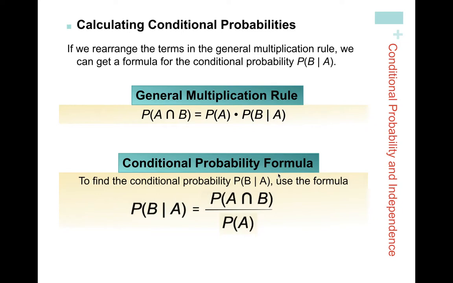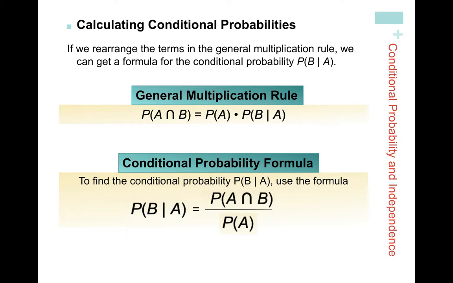So here's your general multiplication rule that you need to know. The probability of A intersect B is equal to the probability of A times the conditional probability of B, given that A has occurred. Now, we can just simply rewrite this. Let's just divide both sides of this equation by probability of A. So throw that underneath there. And now you get the formula for conditional probability.